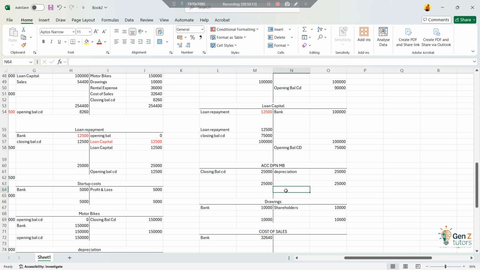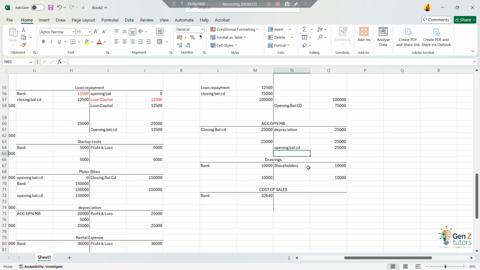Then at the accumulated depreciation, also again, it ended up being 25,000 for the year. Accumulated depreciation, you have to remember, it's an asset, a negative asset, even though I forgot to include the opening balance over there.